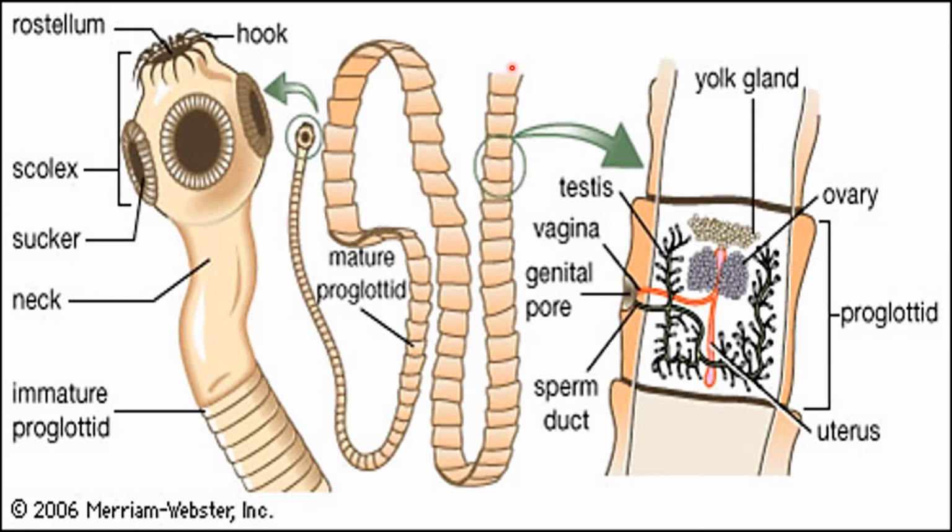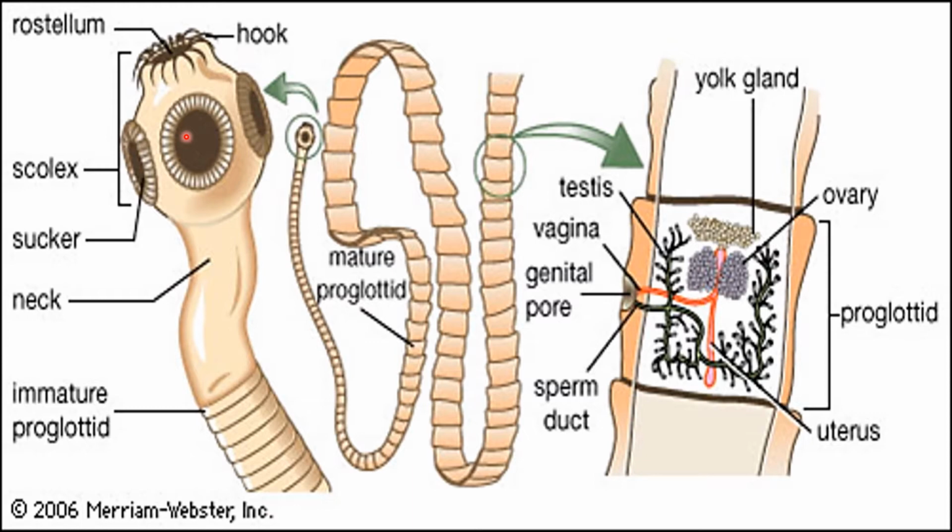As you can see, this is the head, or the scolex. Here we can see four suckers, known as the acetabula, or acetabulum in singular. We have four suckers here, and they are the ones that attach to the host.